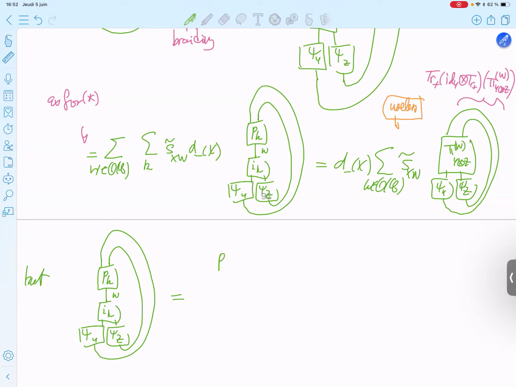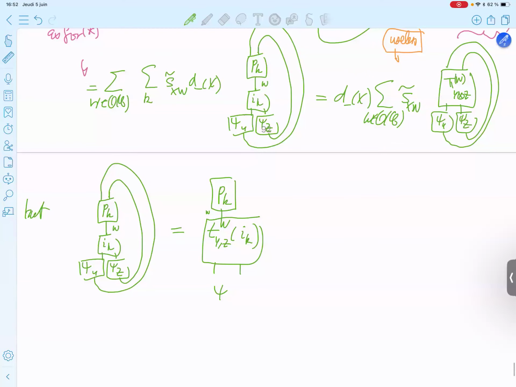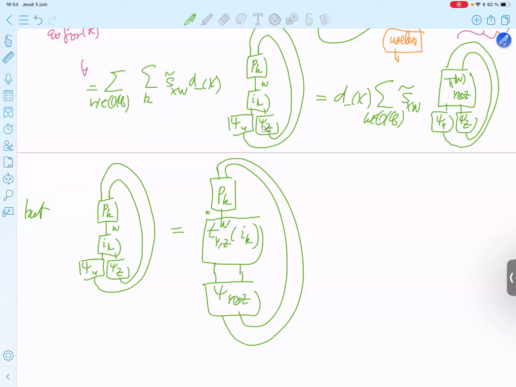So PK. The natural automorphism applied to this monomorphism. Here it's W. And then now you can put phi like that. So it's just by definition. And the trace. So you have that, which is equal to trace plus PK compose.